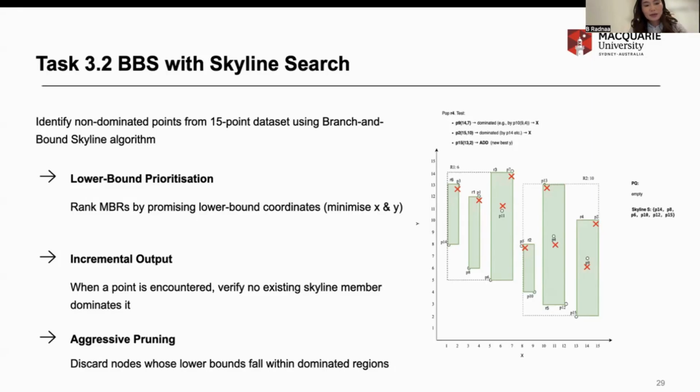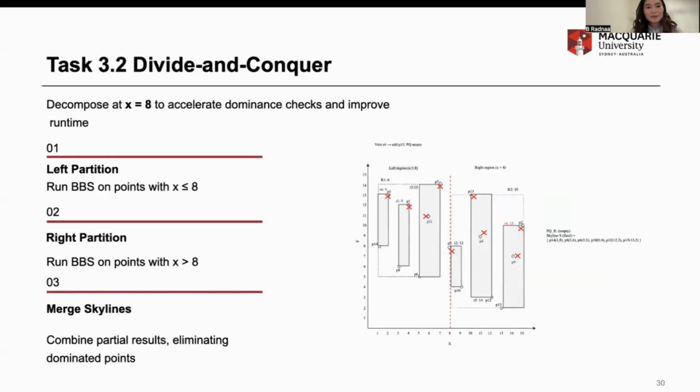This efficiently outputs the skyline without scanning all points. Lastly, in divide and conquer with branch and bound search, we run this algorithm on each side and merge partial skylines. This reduces dominance checks and improves runtime.